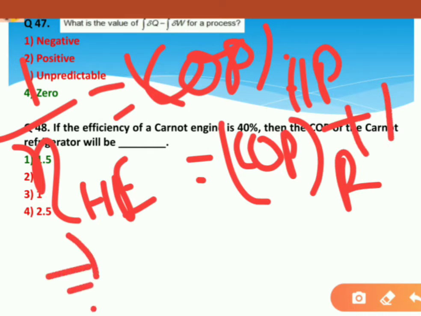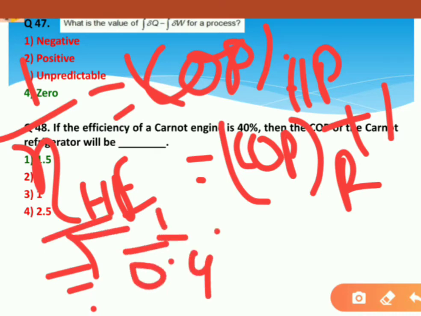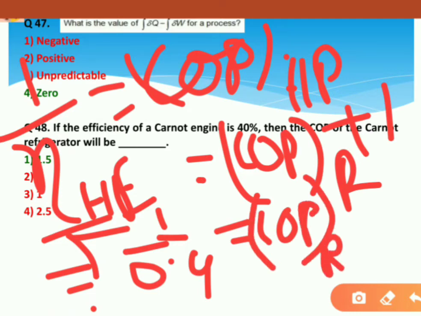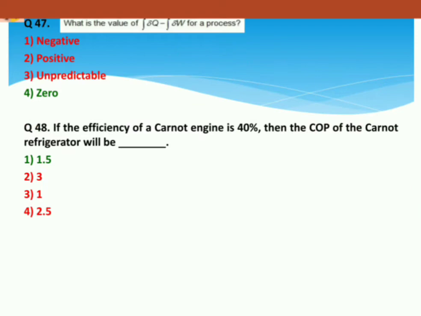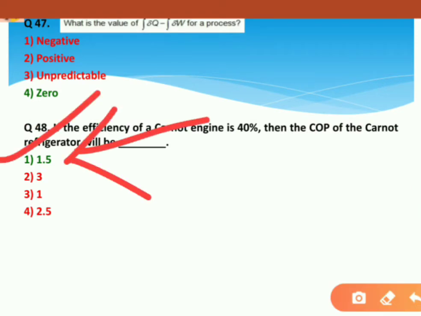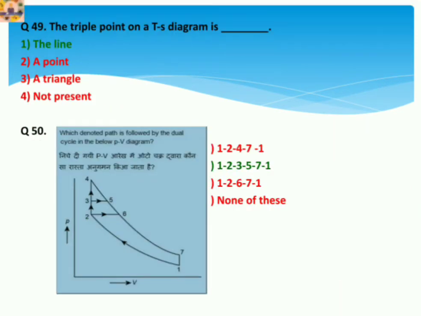Just put the value. We know efficiency is 40%, so 1 by 0.4 is equal to COP of refrigerator plus 1. So ultimately COP of refrigerator will become option 1, 1.5. So let's proceed to next question 49, the triple point on the TS diagram.